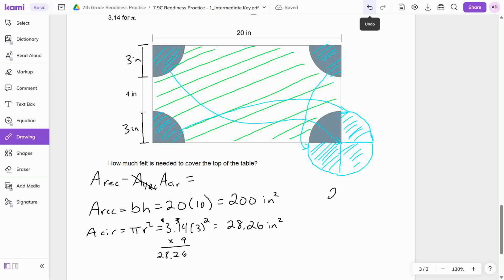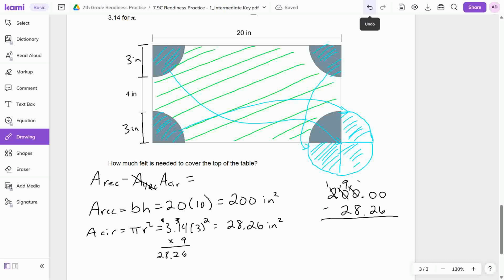And so we need to add a decimal point after the 200 so we can line them up. 28.26. We're just rounding to the nearest hundredth. Remember that number is irrational, because pi is irrational, it goes on forever. Lots of regrouping here. I'm going to take 100, leave 1, and break it up into 10 tens. Take a 10, leave 9, break it up into 10 ones.